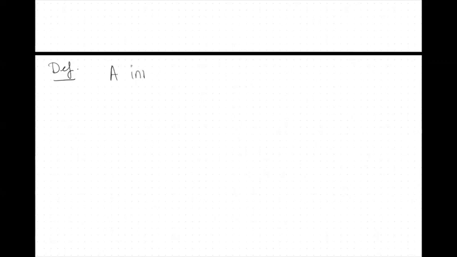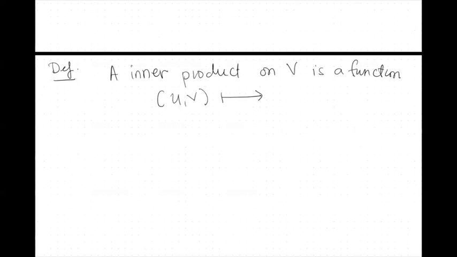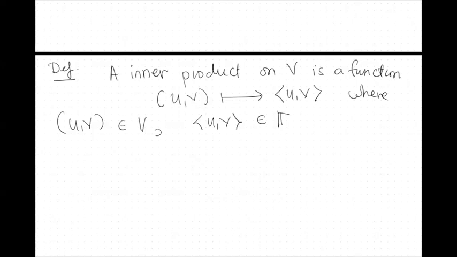An inner product on a vector space V over F is a function which takes an ordered pair U, V to the inner product of U and V, where U and V are elements of V and the inner product is an element of F, and has the following properties.